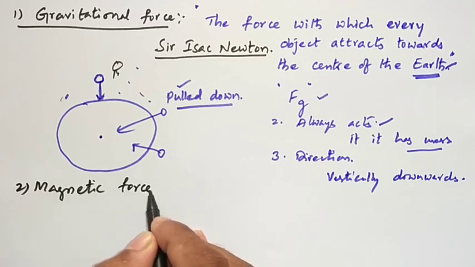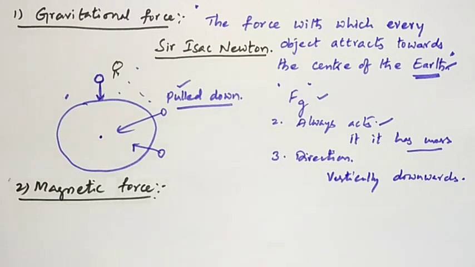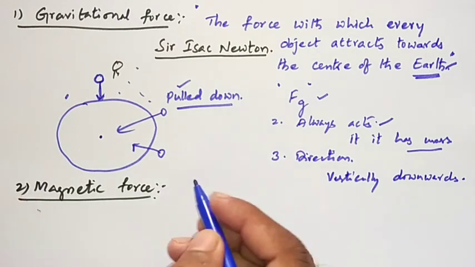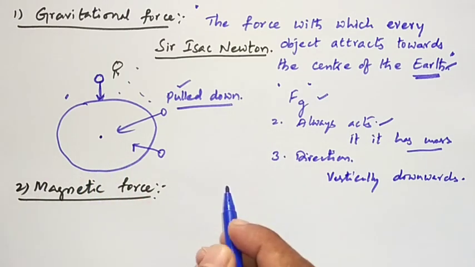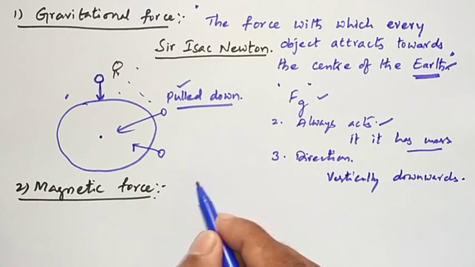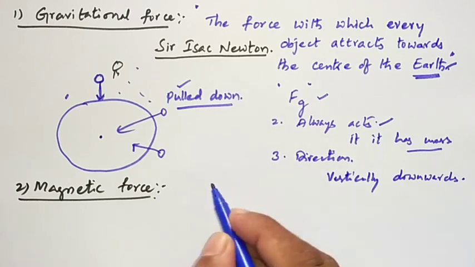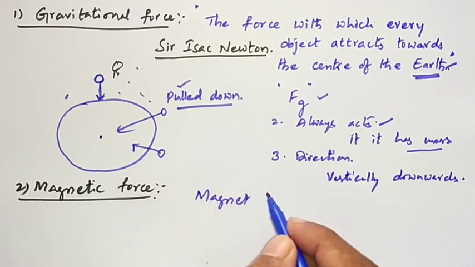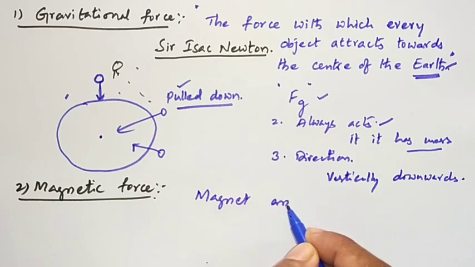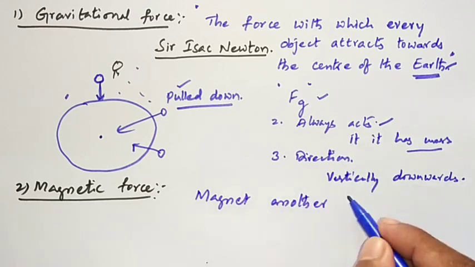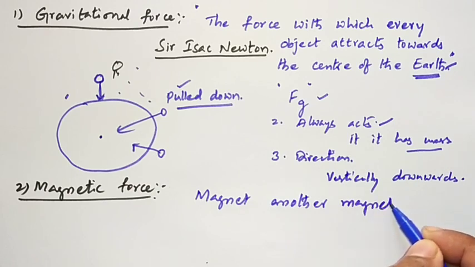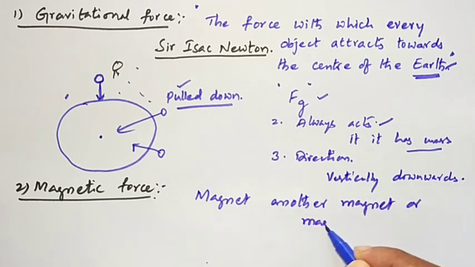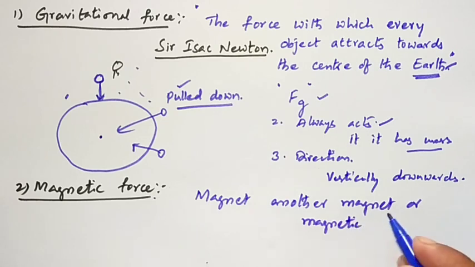Its definition is the force that exists between a magnet and another magnet or magnetic substances, like iron. That force we call magnetic force.